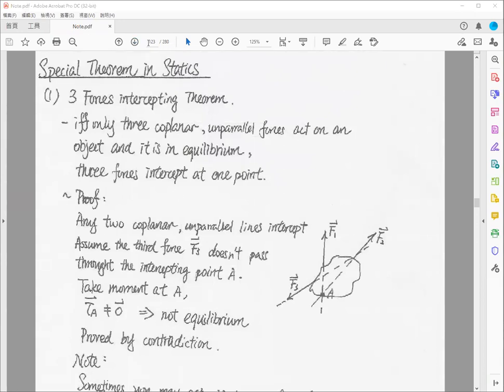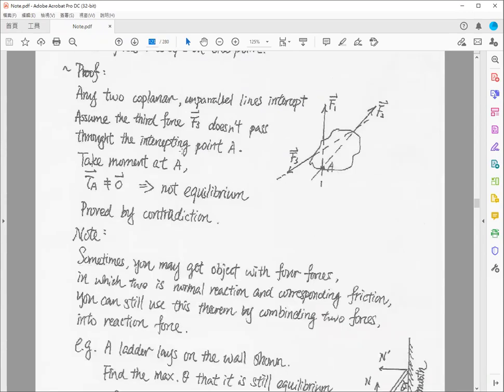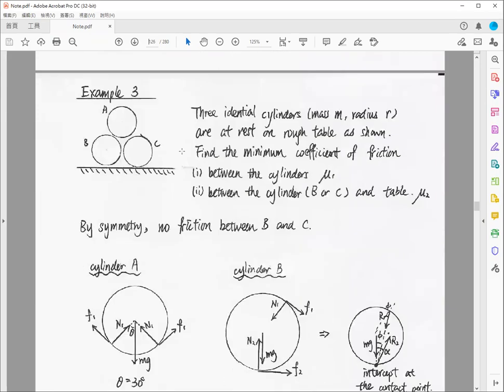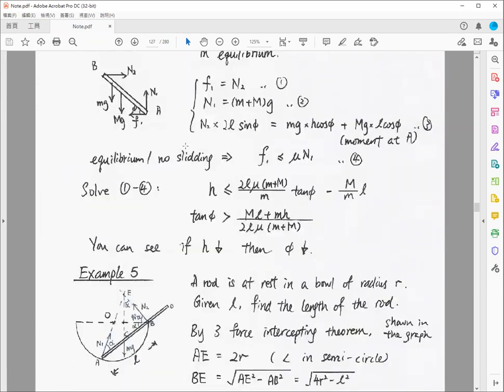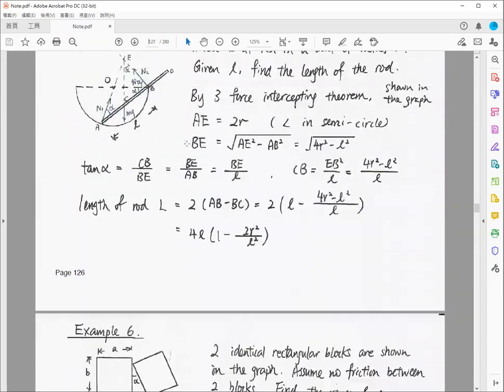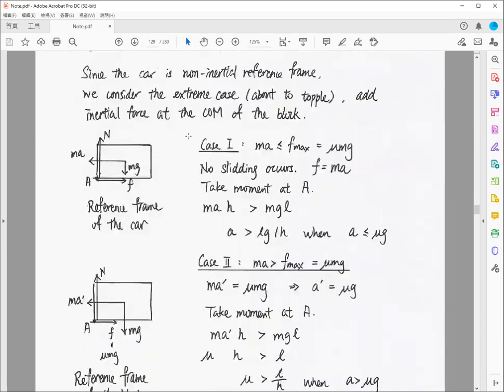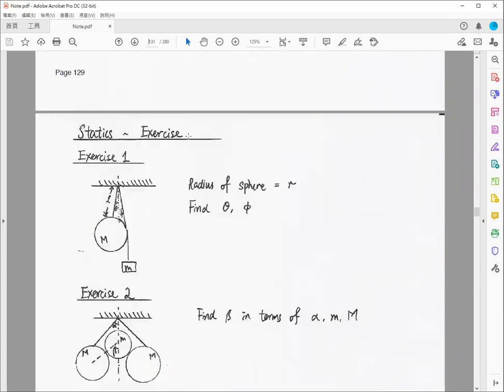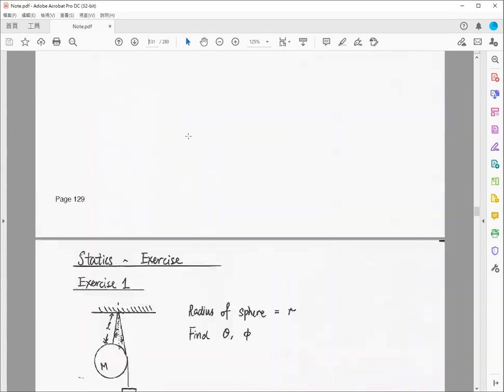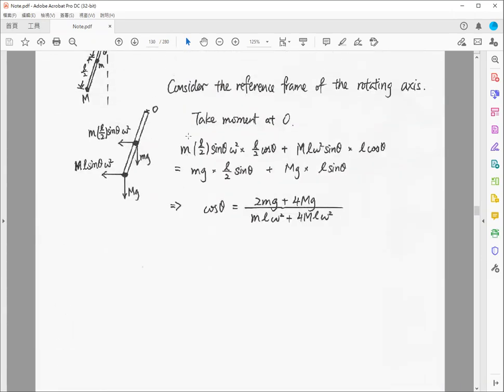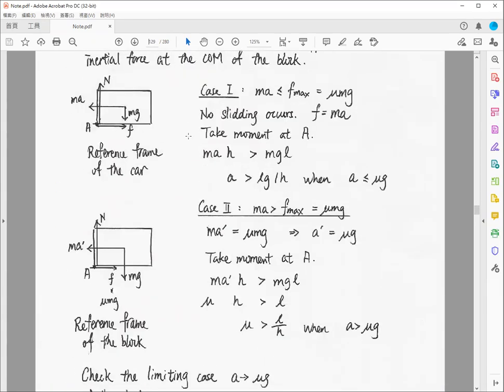May you have a look from this page to the end of this topic, that means up to this page. We are up to 129.